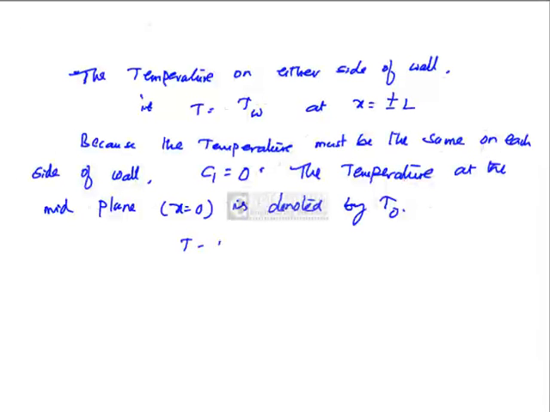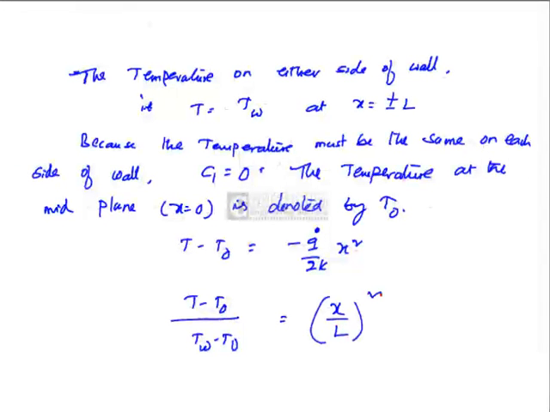Therefore, temperature distribution would now become T minus T0 is equal to minus Q dot by 2K into x square. That is non-dimensional form. We can write it as x by L whole square, a parabolic distribution inside the plane wall.